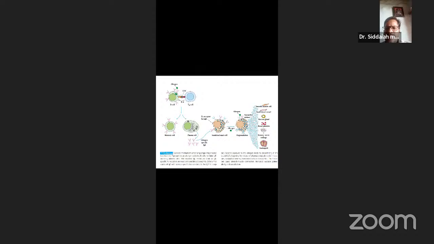In the second exposure, the allergen binds with the specific antibody at the variable region, and the antibody also binds with the mast cell or these granulocyte cells.